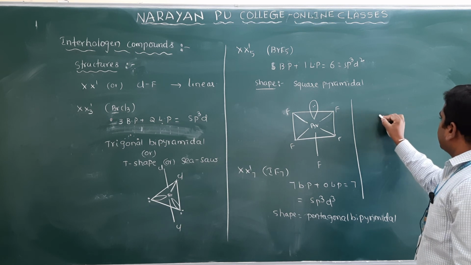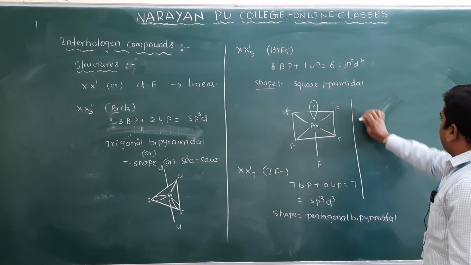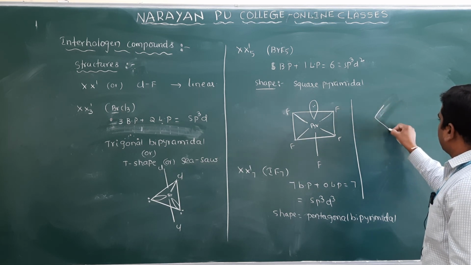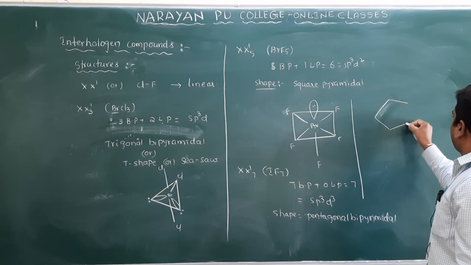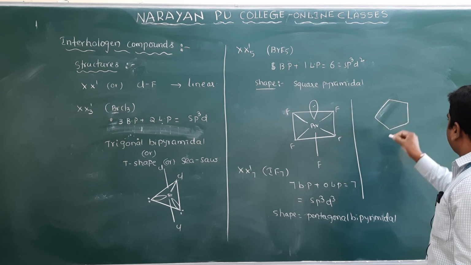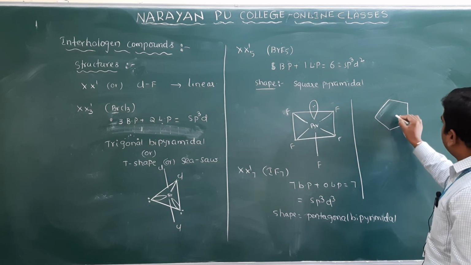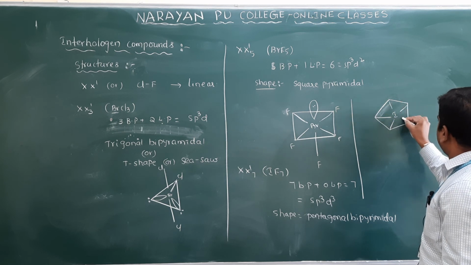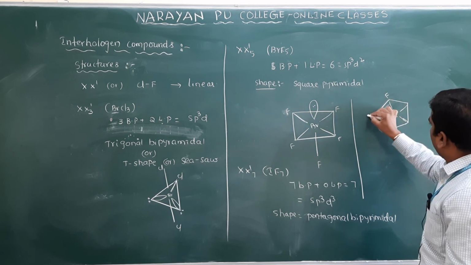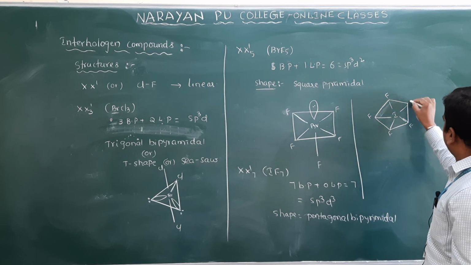You see? This is pentagonal. Clear? Bipyramidal. So here iodine is there, and here fluorine atoms. How many fluorine atoms are there here? 5. 1, 2, 3, 4, and 5.